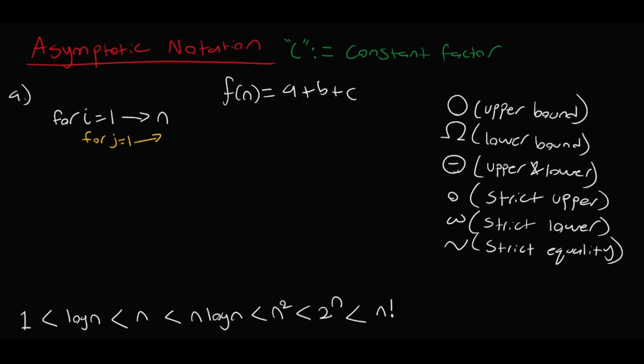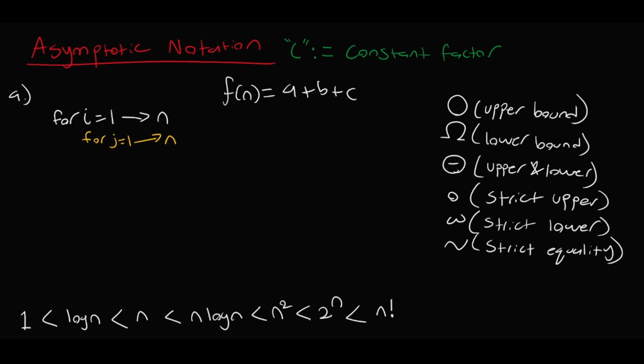Now if this were n, then it would be n times n, which is just equal to n squared. So a is equal to n squared.